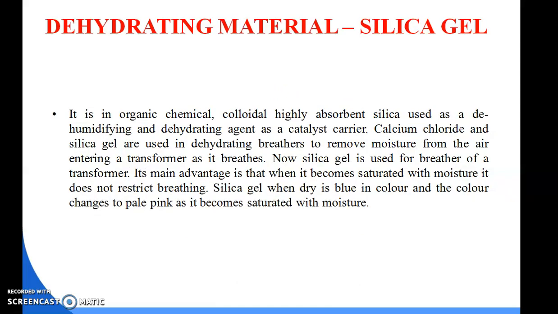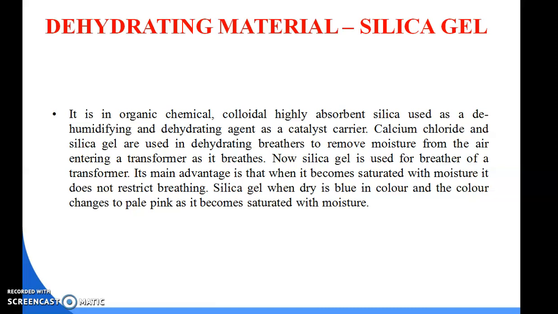Next, what is the dehydrating material? That is silica gel. Do you know what silica gel is? In some medicines it is written, don't eat, it is poisonous. This is a dehydrating material called silica gel, and this is one of the important long questions.